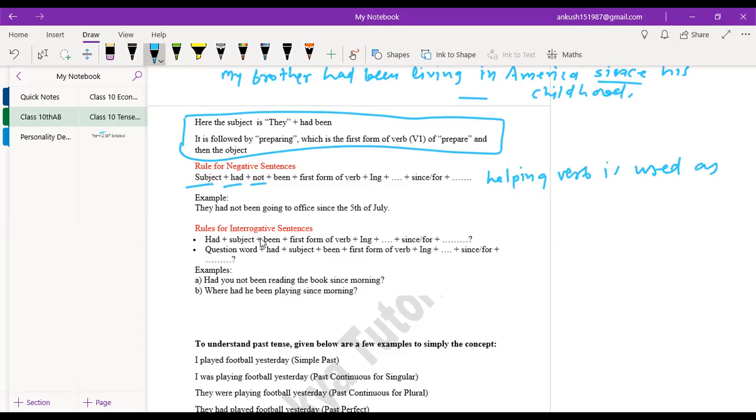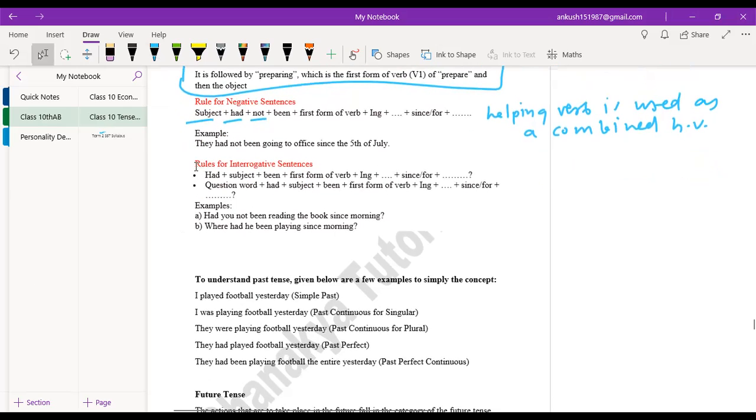I already told you in the present perfect continuous tense, when the combined helping verb occurs, especially in such tenses, you have to use the negative word in between those helping verbs. Have you got the point? Got it?